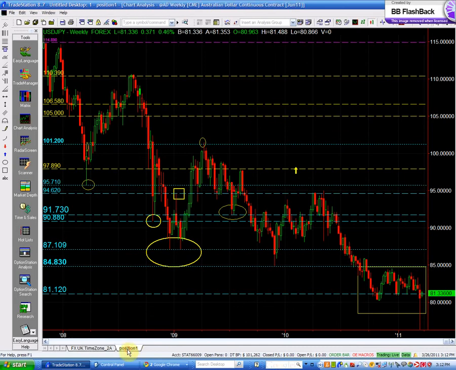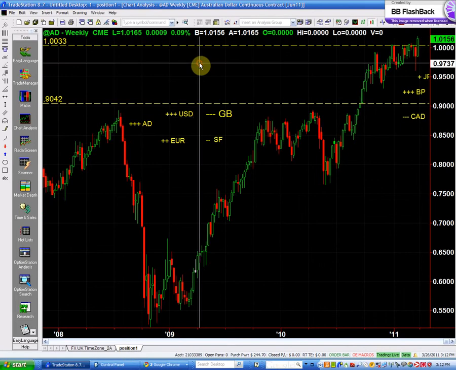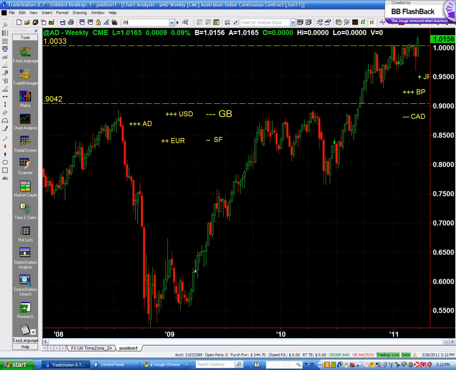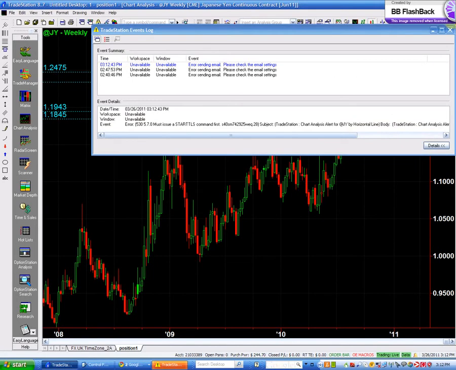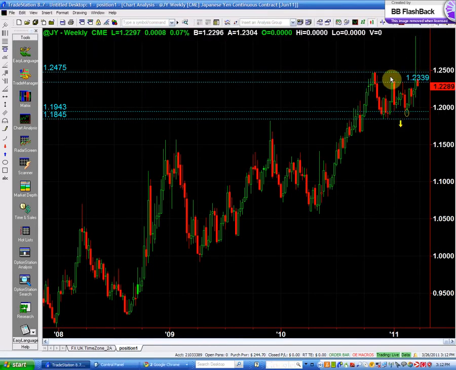Also, if you look at the yen index, you can see it is the upside down. This is the upside down picture of the dollar yen. Look at the dollar yen.